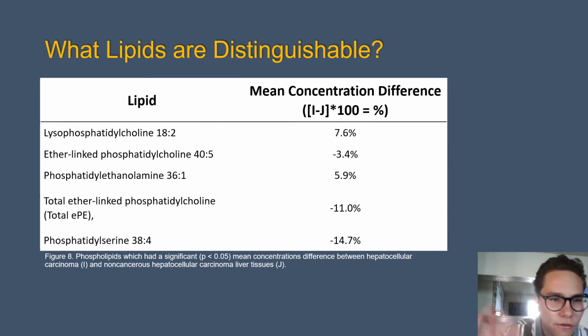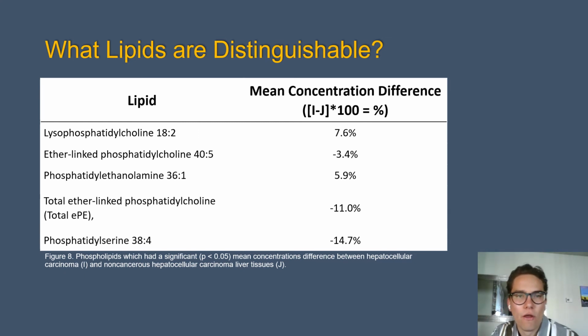So quickly, we have phospholipids that were distinguishable between the HCC tissues and the non-cancerous tissues of an HCC liver. For the study, they're 2 separate tissues. However, from mice, we're comparing them as, can we identify the tumor in a cancerous liver?